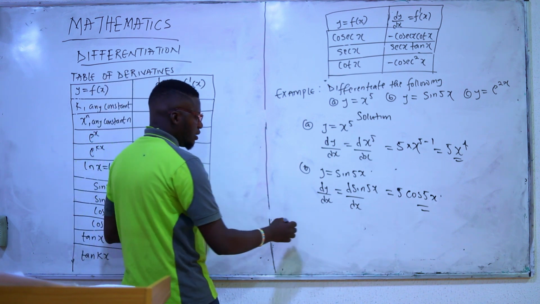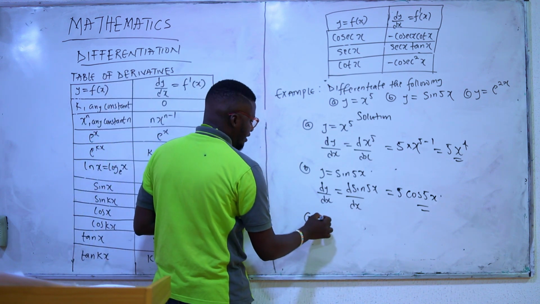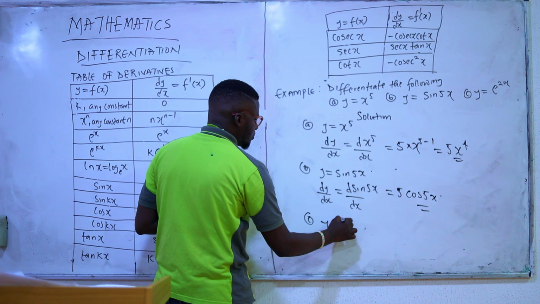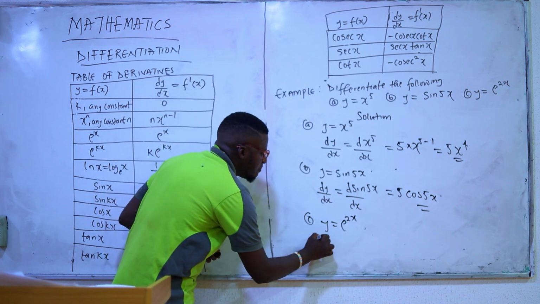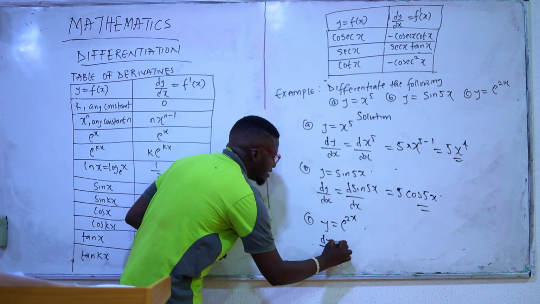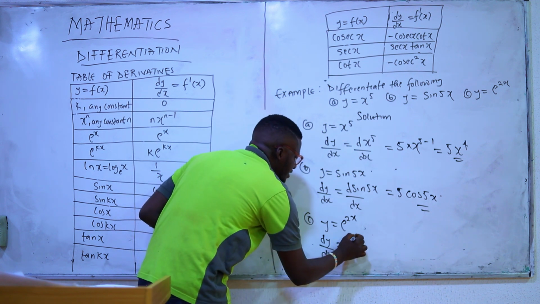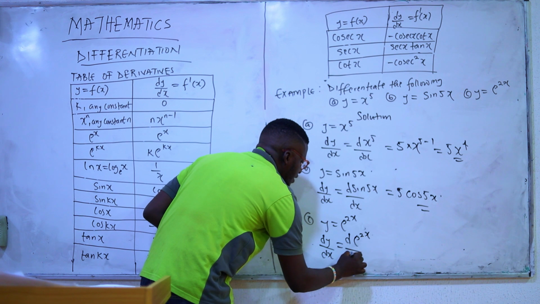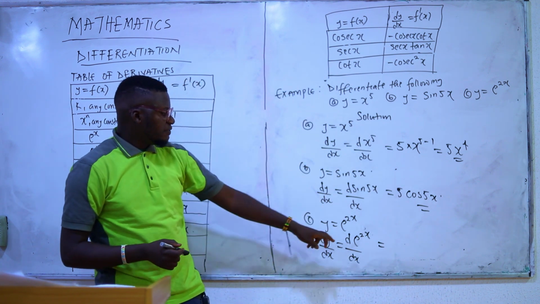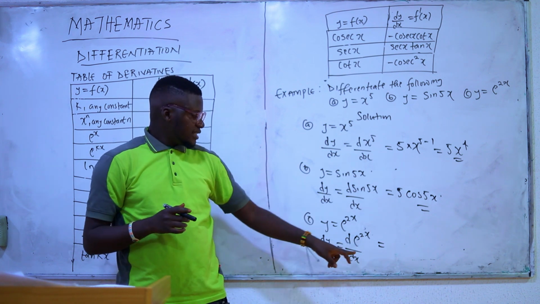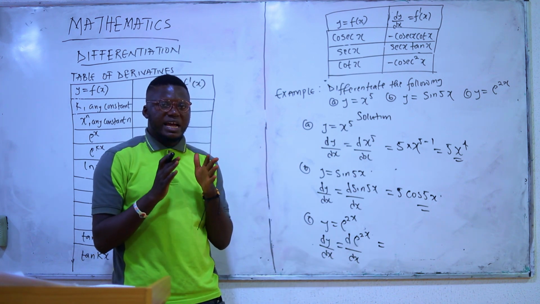The last one, c, says I should find y equal to e raised to the power of 2x. This is the differential of an exponential function. So dy over dx is equal to the differential of the exponential function with respect to x. This 2 here is a constant multiplied by x.